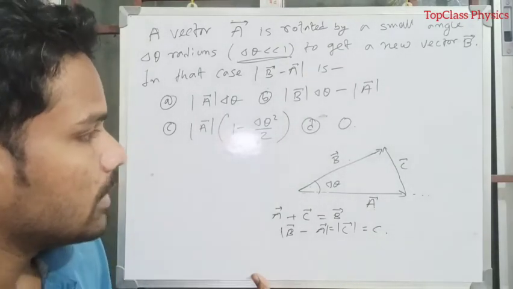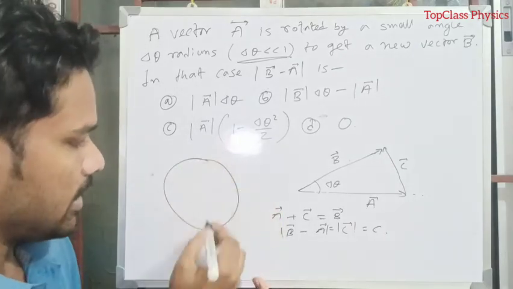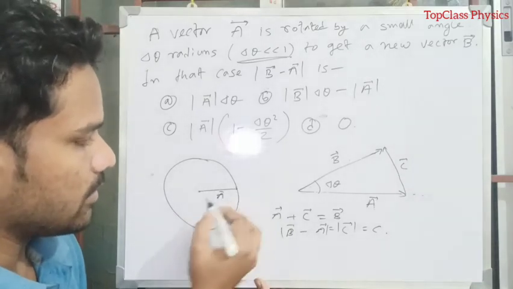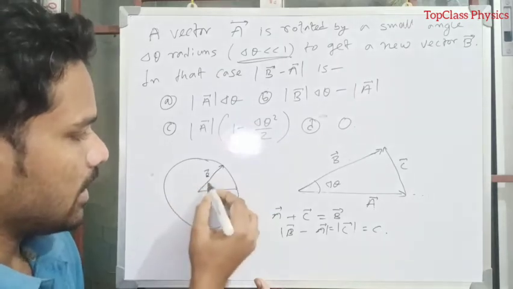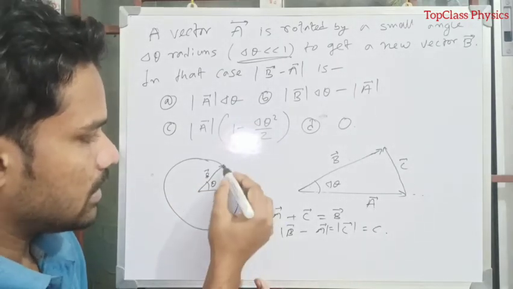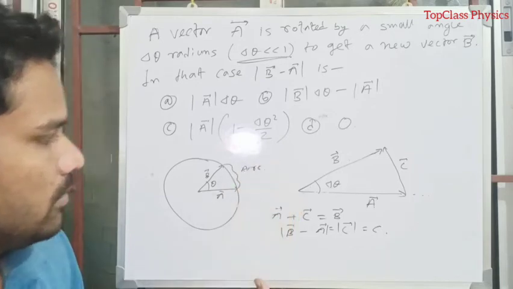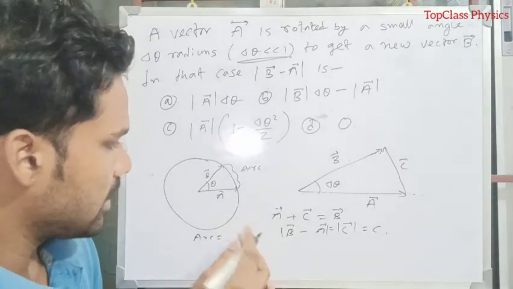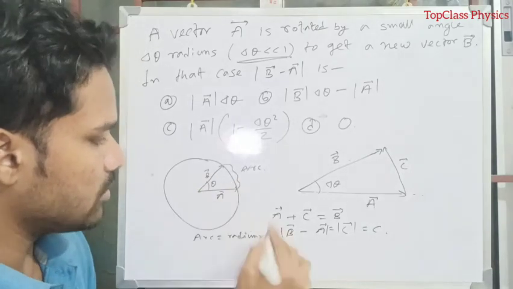How? See, if I take a circle, and this is our center, and I take a radius, say this is A vector, and another radius, suppose this is the B vector, and the angle between them is theta, then this is represented by the arc. The arc value is radius into theta.